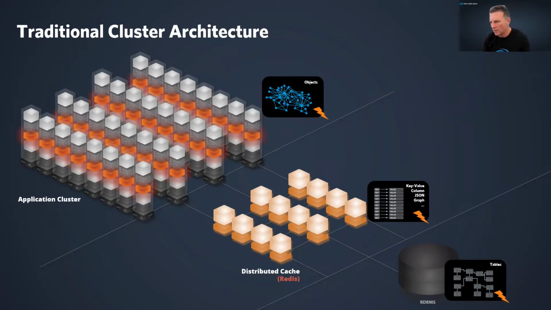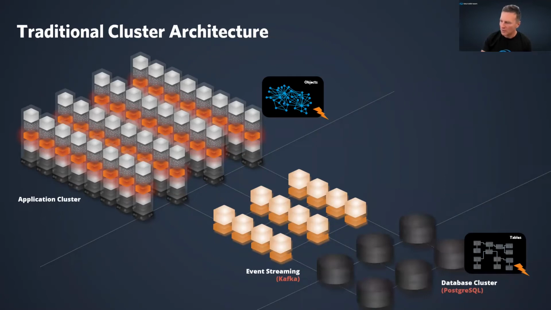And this is very important, because of the difference between the traditional cluster architecture and MicroStream architecture. Here we can see the application is distributed, and your cache is also distributed. And mostly, we also need replication or clustering of our database.